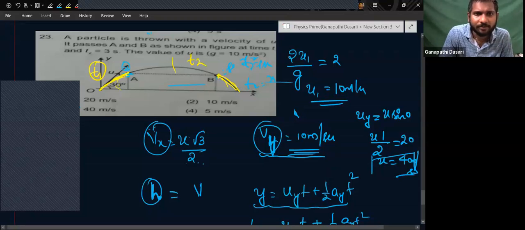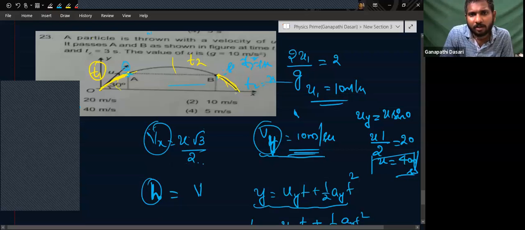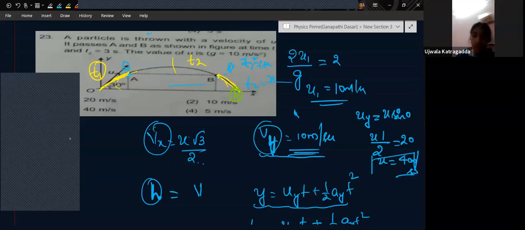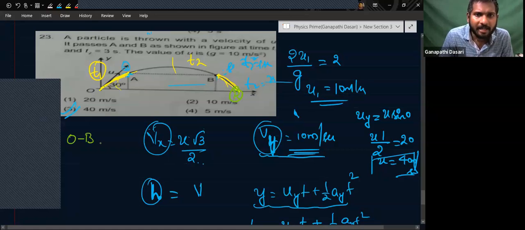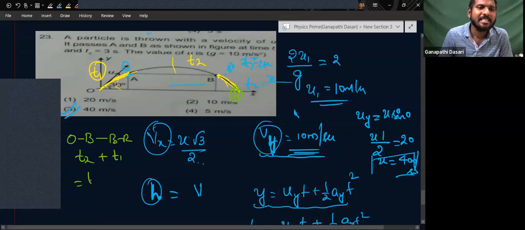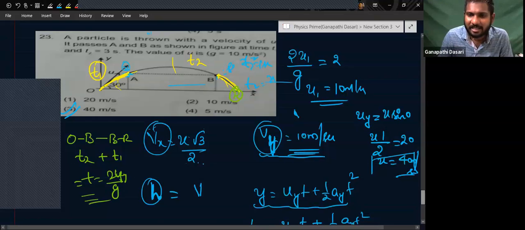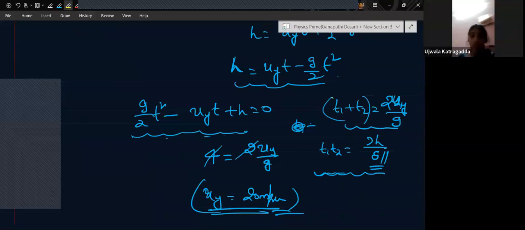Can I take the time from B to R to be T1 also? So the time taken for the journey OB and BR is T2 plus T1. What is T1 plus T2? It is the total time of flight. Time of flight is nothing but 2u by g, or not?